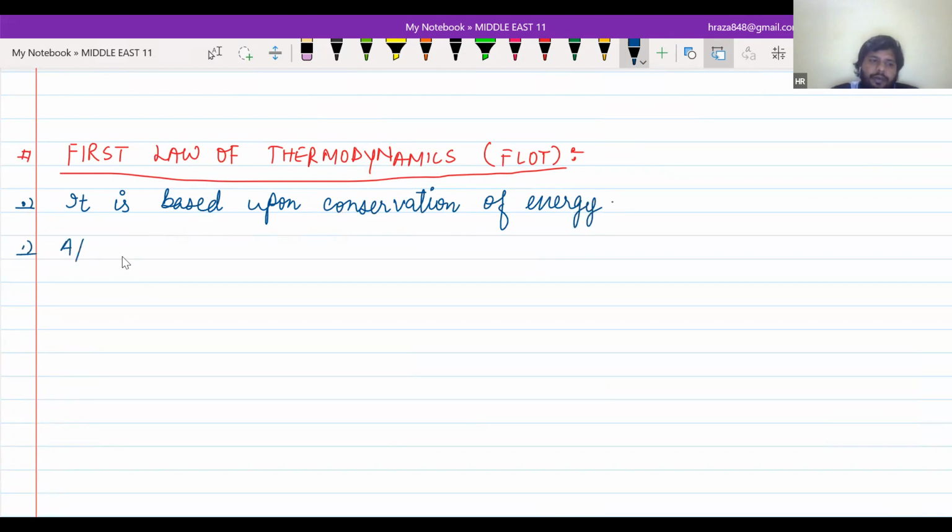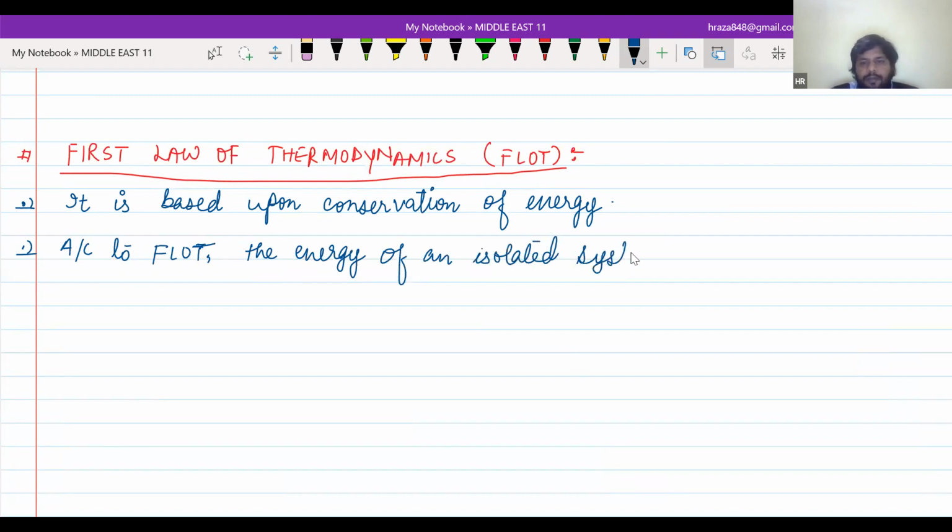According to FLOT, the first law of thermodynamics, the energy of an isolated system or universe is constant.